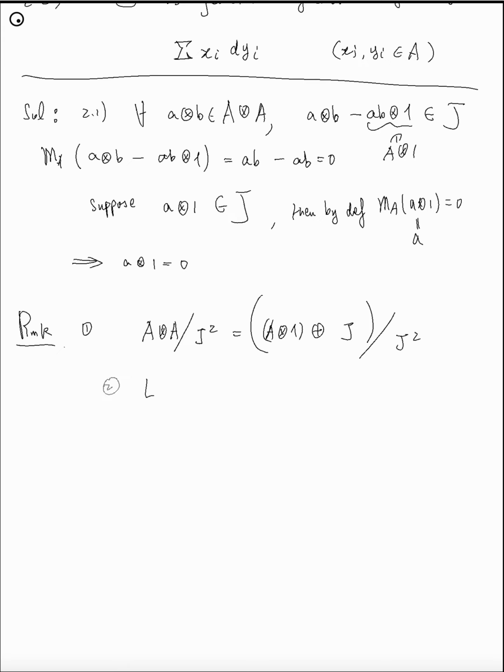Secondly, let's consider a derivation from A to J quotient J squared, defined by the R linear map a goes to 1 tensor a minus a tensor 1 mod J squared.